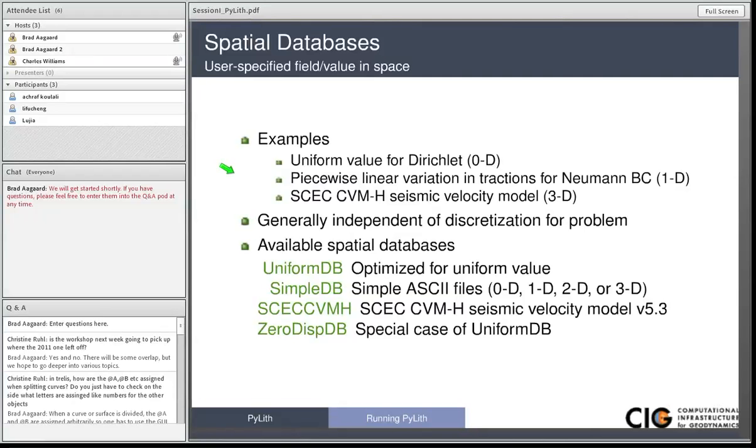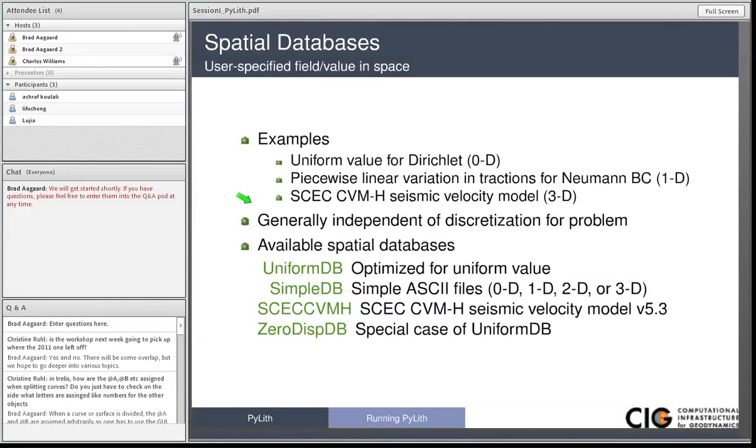These spatial databases are how we specify a field or value in space. It can handle a uniform value, which you can think of as a single point in space, to specify the value being uniform. You can have a piecewise linear variation, such as that for tractions in a normal boundary condition, or you can have something very complicated, such as spatial variation of the elastic properties in a seismic velocity model in 3D.